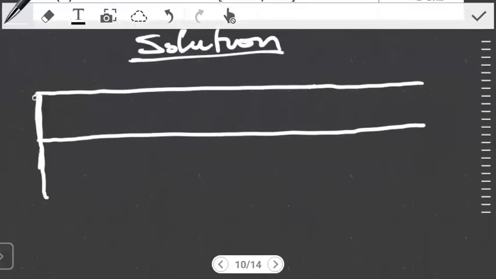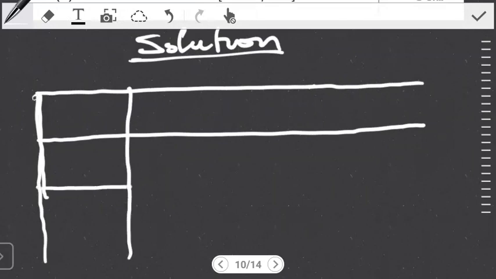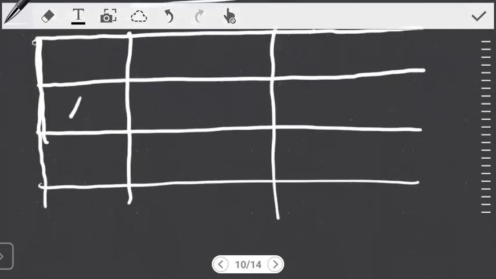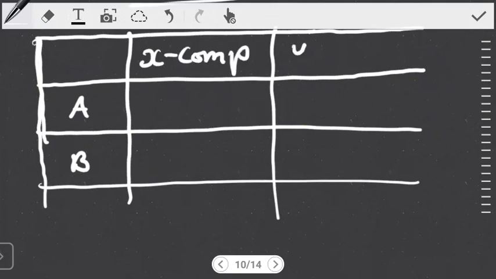Well, for this table, all we have to do is identify the number of vectors you're dealing with. In this case, we're dealing with two vectors. So we're going to label those two vectors as, of course, they're labeled already for us, A and B. For each one, we want to see what the x component is and what the y component is.